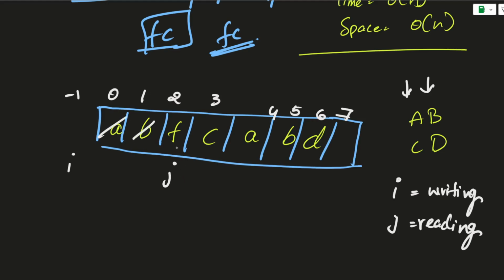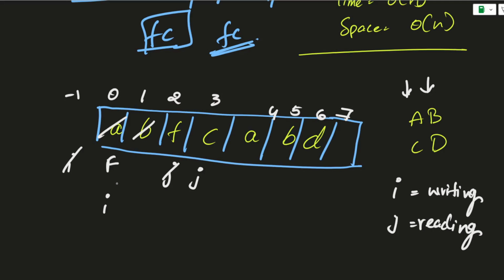And now we got F at the J pointer. We are reading F. Does I have anything? No. Then F is the first character. If F is the first character, then I should be placed at the first position. So now increment the I and write here the F. And now just increment the J pointer.